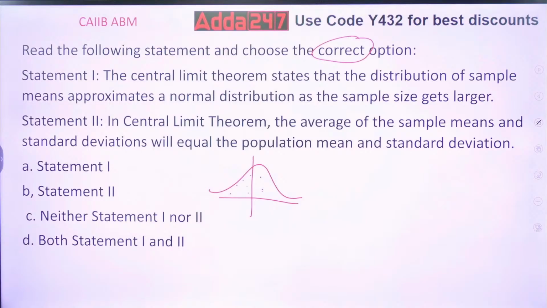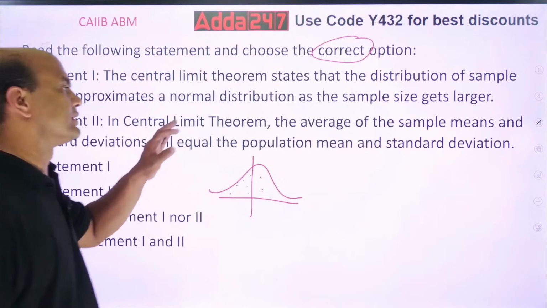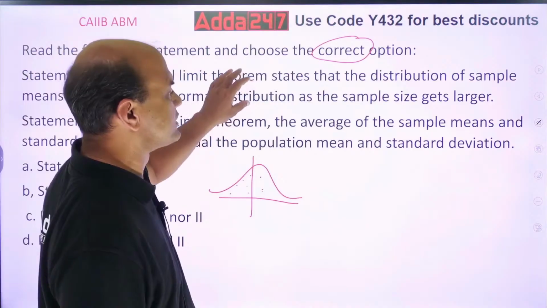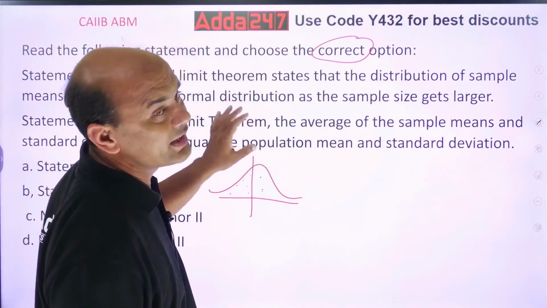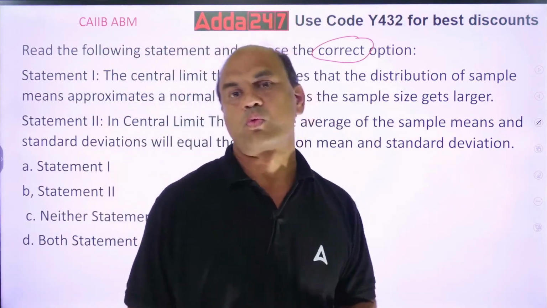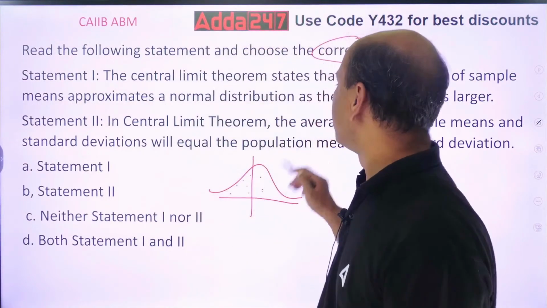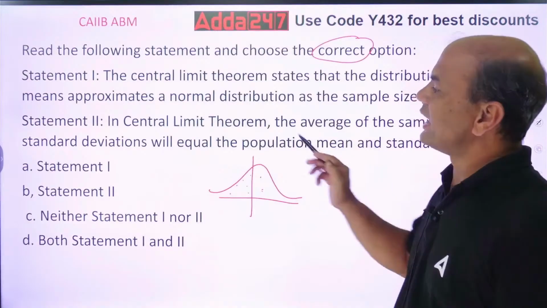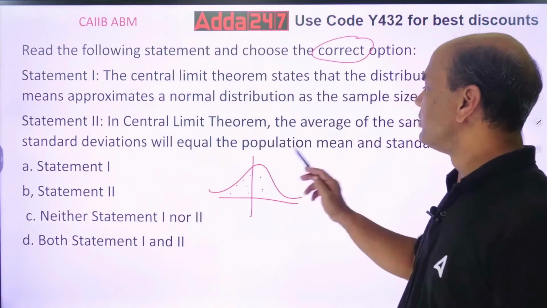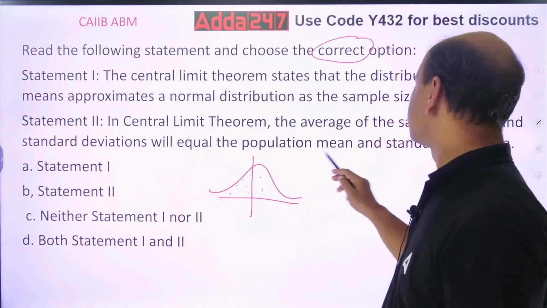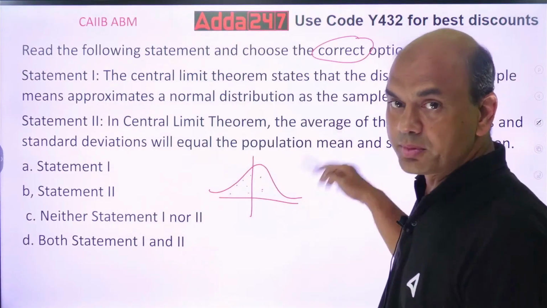As you go on increasing the sample size, the distribution moves towards normal. And the second point is also true. The average of sample means and standard deviation will be equal to the population mean and the standard deviation of the population.